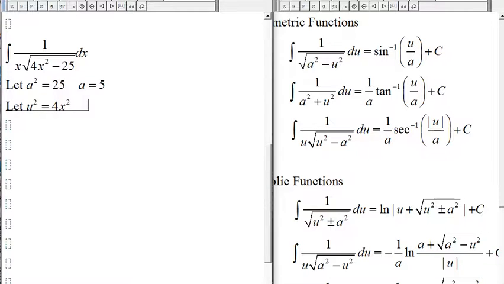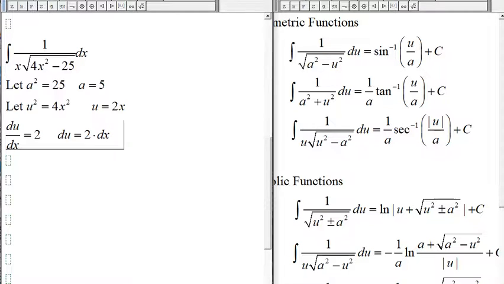And then take the square root of both sides of u squared equals 4x squared, and we get u to be 2x. So the derivative of u with respect to x will be 2. So we get du is equal to 2 times dx. And if we look back at the integral, we don't have a 2 times dx. We only have dx.